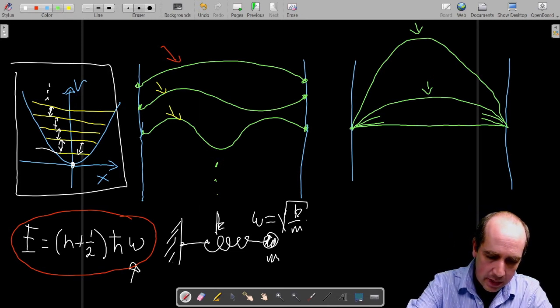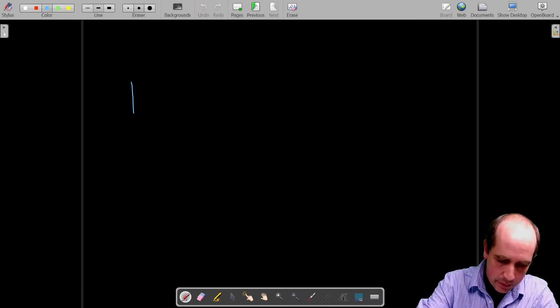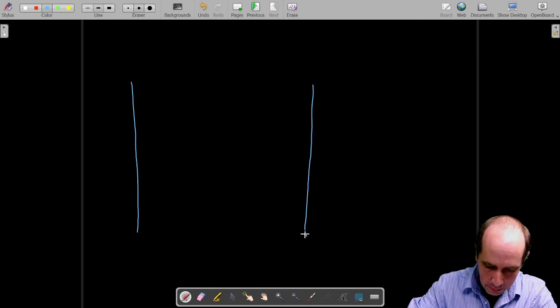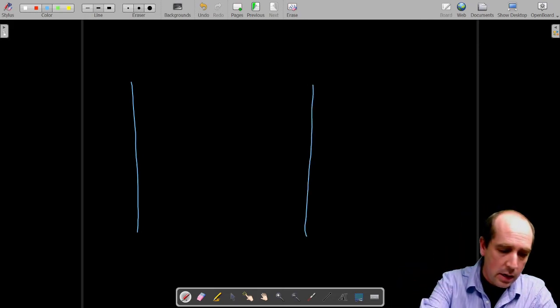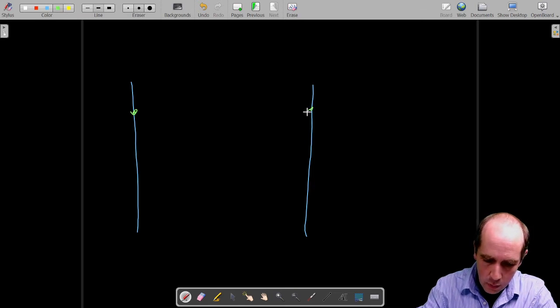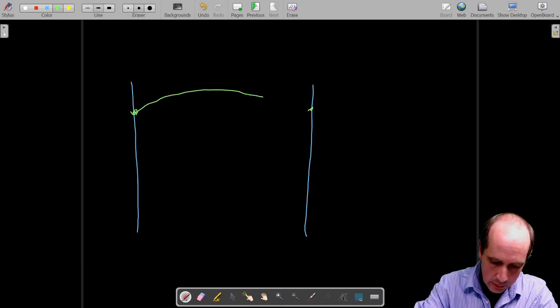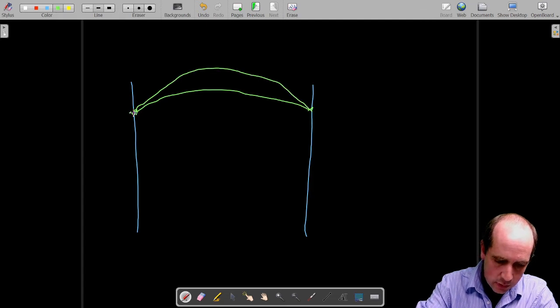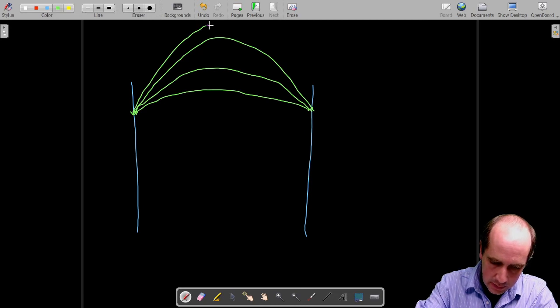I'll just make a new drawing. So this means that this particular mode of the electromagnetic cavity, and I will draw it over here, can only acquire either this amount of energy, or this amount of energy, or this amount of energy, or this amount of energy.